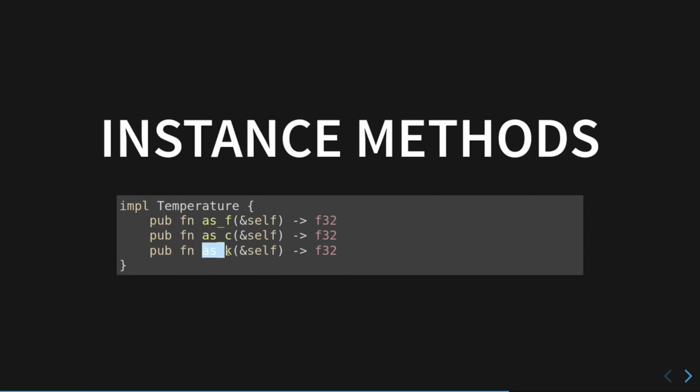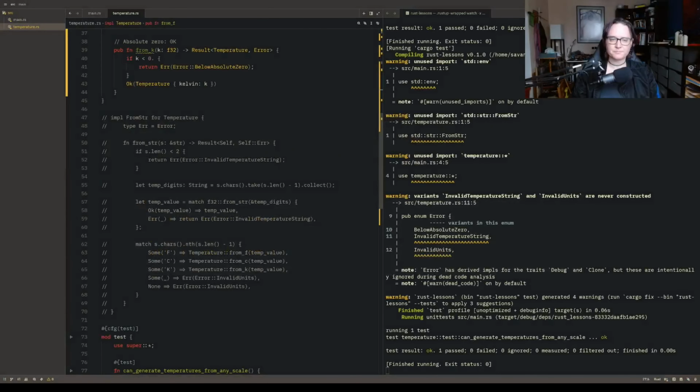For the most part, you're going to name the function in exactly the same way as you did before. Your first parameter is going to be the special ampersand self, and then we have the normal syntax for returning a value. This is pretty easy to implement, but again, this is one of those places where I do make mistakes. So bear with me as I potentially make those mistakes.